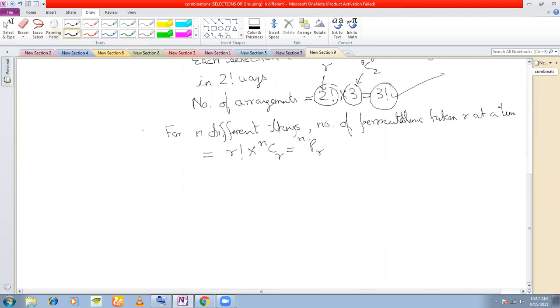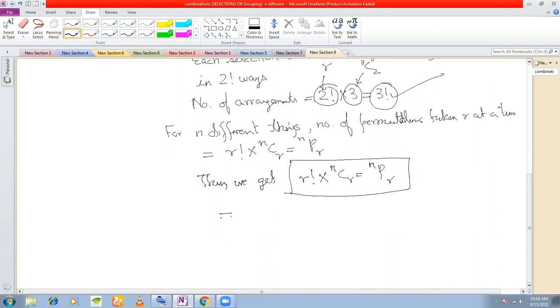So what do you get? We get factorial r into nCr is equal to nPr. This is the relation between nPr and nCr. Important relation, remember, for multiple choice questions sake. Okay.